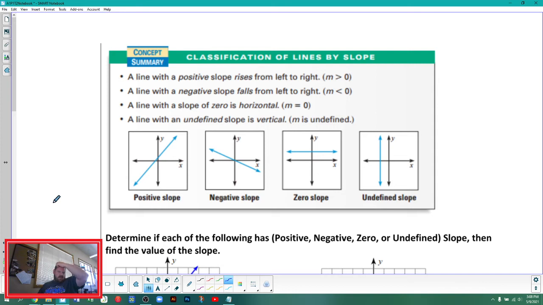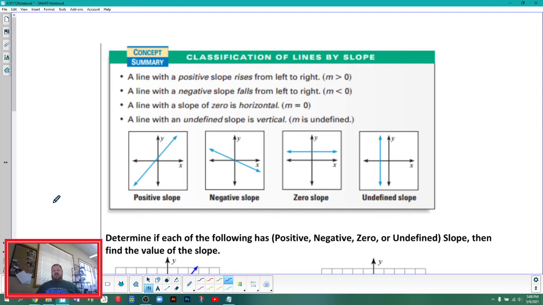The next idea that we're going to talk about is just a generalization of slope, which is, again, something that is important to be able to conceptualize and understand, is what's going on very generally in our slope.